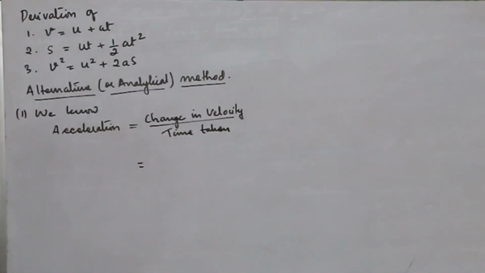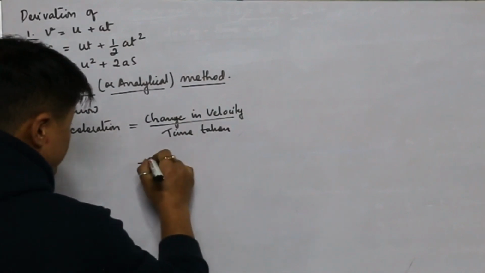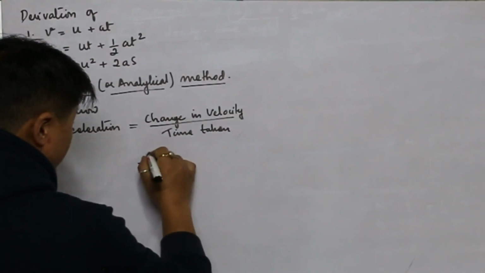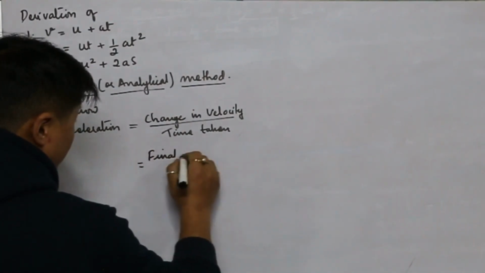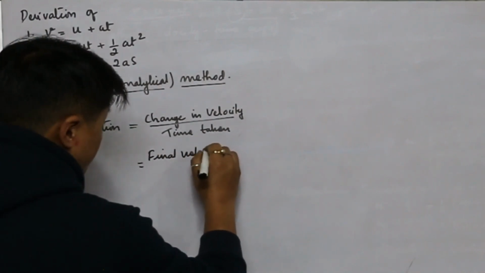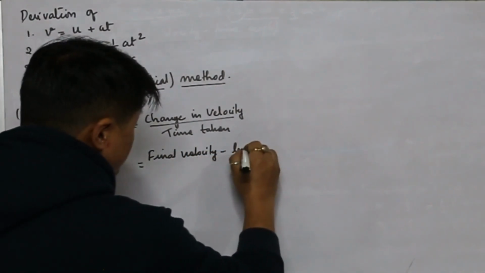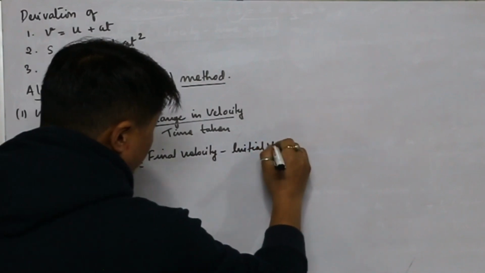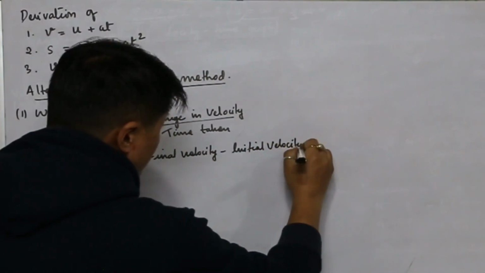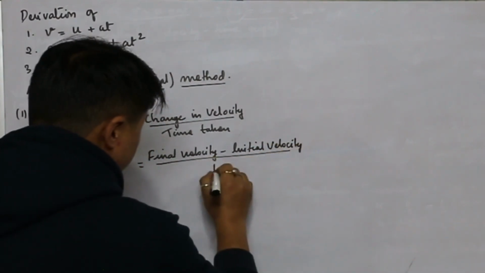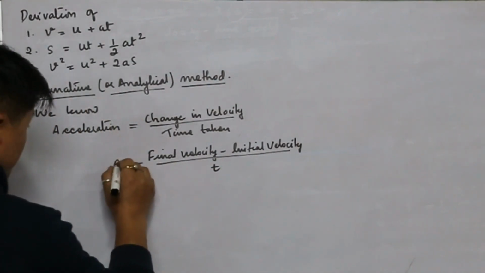Here, change in velocity is how much? Final velocity minus initial velocity upon time is your t, and acceleration is your a.